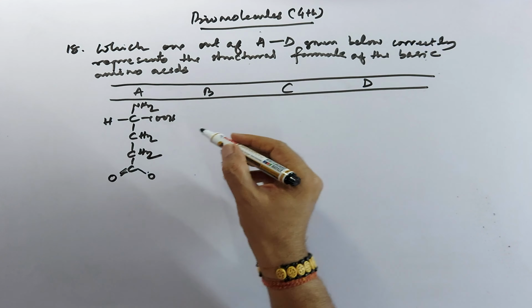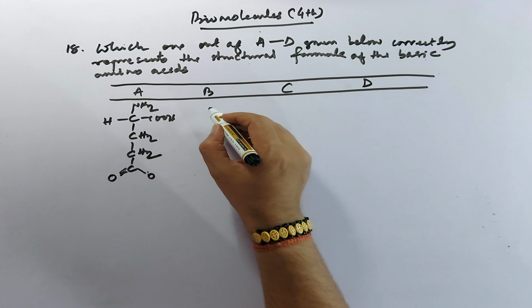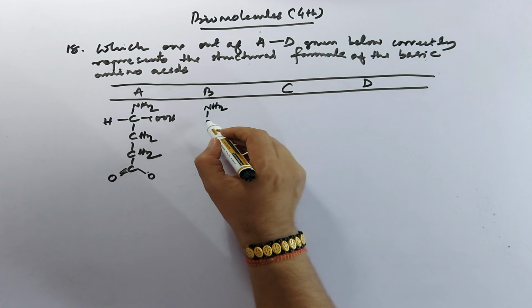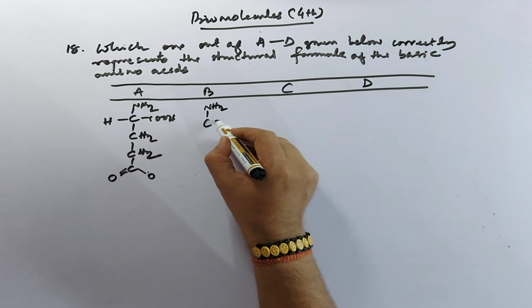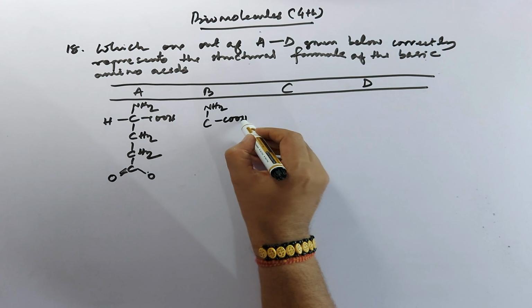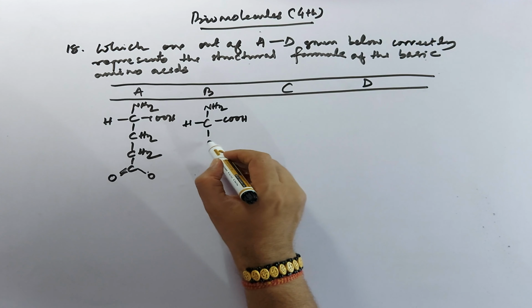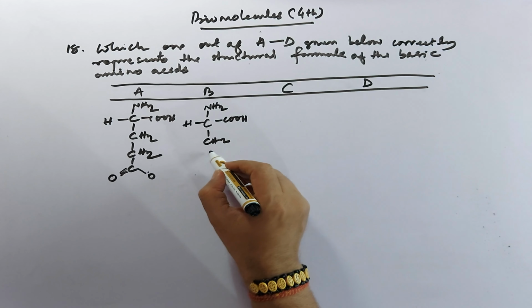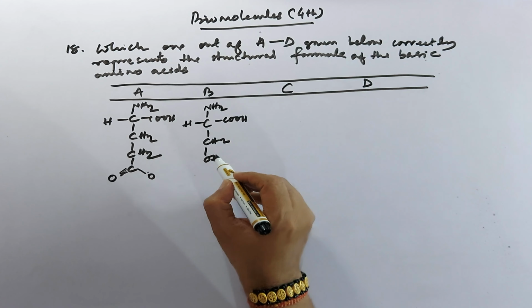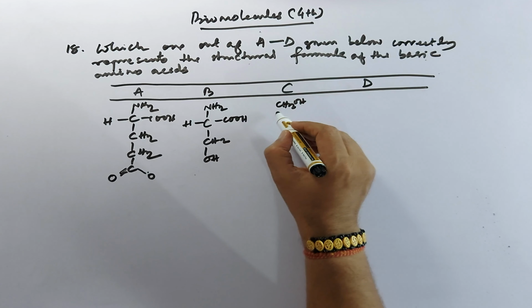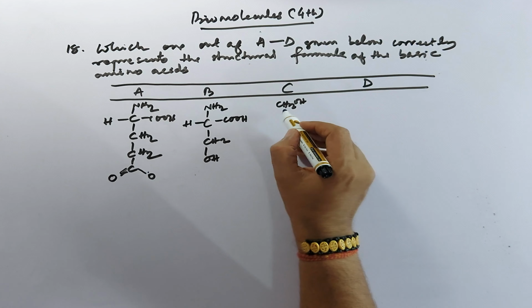Then NH2 and COOH, and here H, then CH2OH, and here CH2OH, OH.